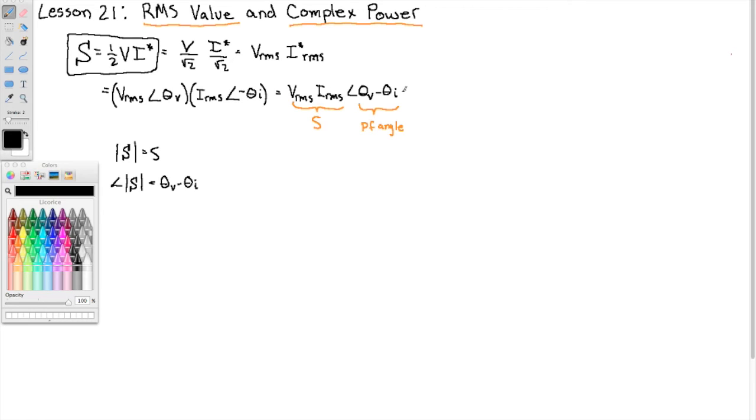Okay? And what we're going to need in a little bit here is this expanded in rectangular form. So we can use Euler's equation to expand this in rectangular form.